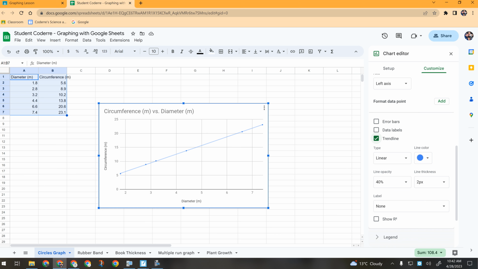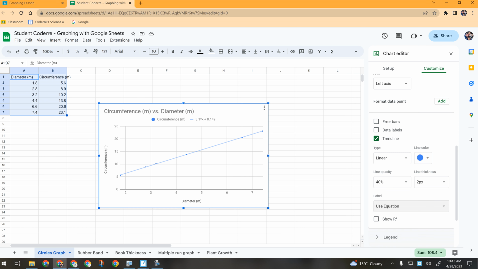It's defaulted to none, but we want to get the equation for the line. Google will calculate y equals mx plus b for you if you click use equation. Once I do that, I get that the equation for the line is y equals 3.1 times x plus 0.149. So y equals mx plus b, where m is 3.1 and 0.149 is b.